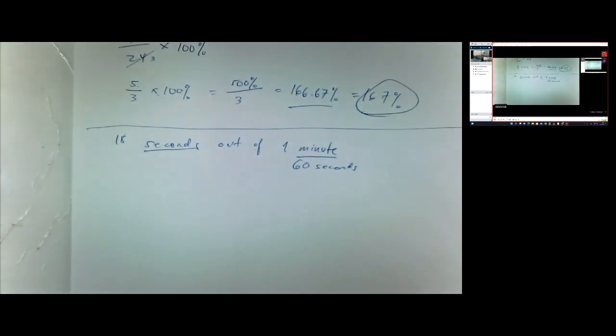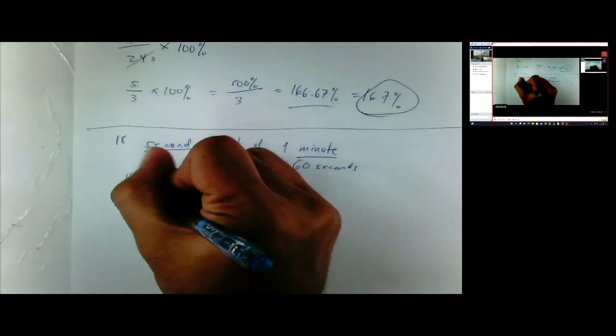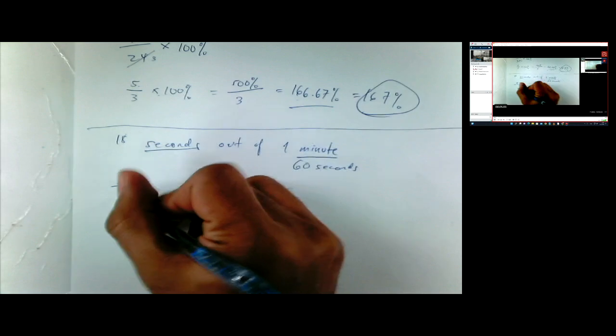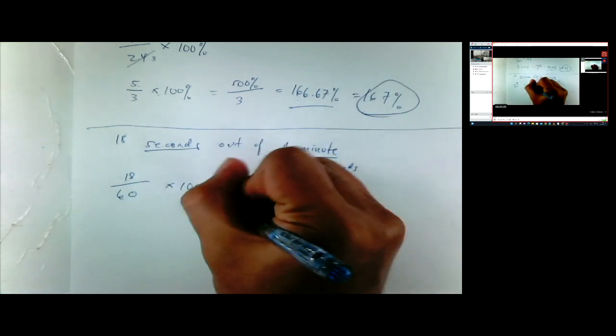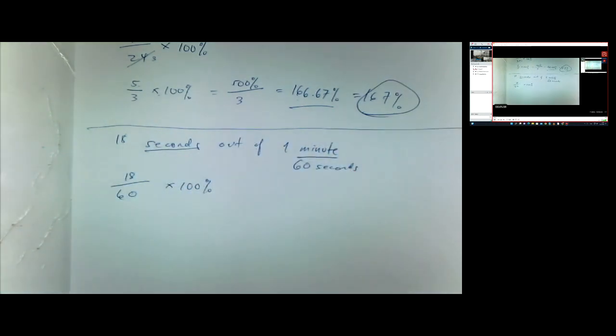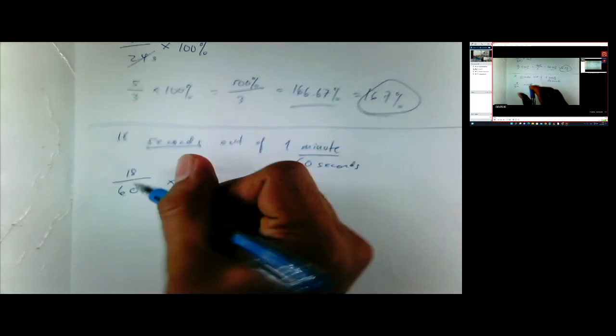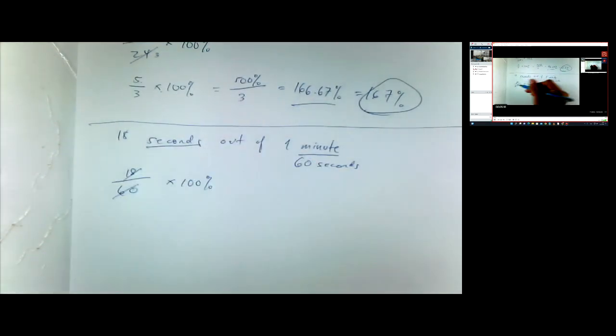And so if we're going to represent this in ratio form, that is 18 over 60 multiplied by 100% because we want to know the percentage of 18 out of 60 seconds. And so we can simplify 18 and 60, right?